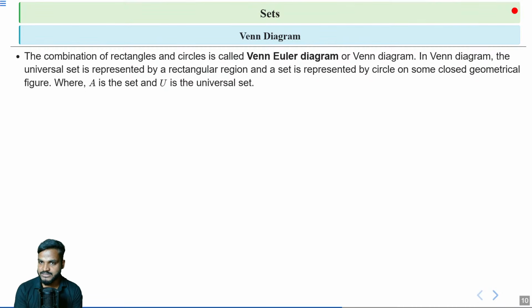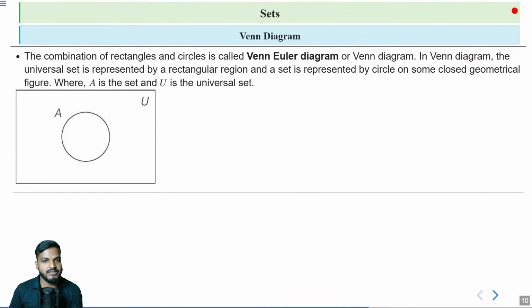We know what a universal set is, and a set is represented by a circle or some closed geometrical figure. So the universal set is represented by a rectangular region, and a set is represented by circles or any closed geometrical figure.